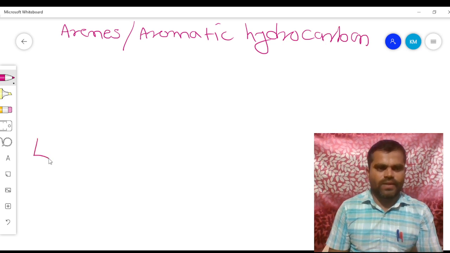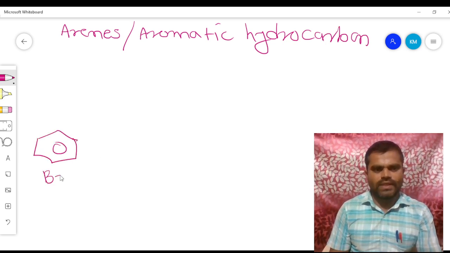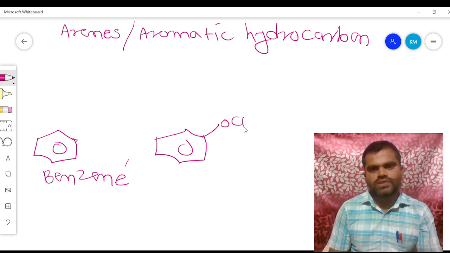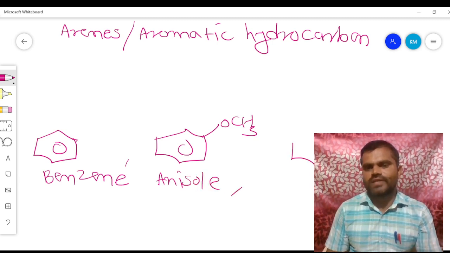Here are some examples. First one is benzene. Then anisole, here is an OCH3, this is anisole. Then third one is phenol.